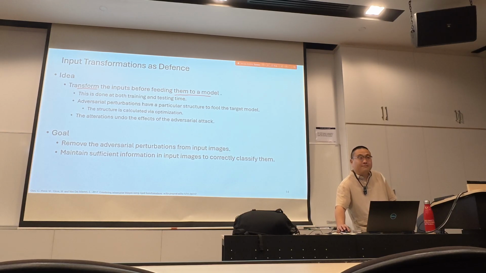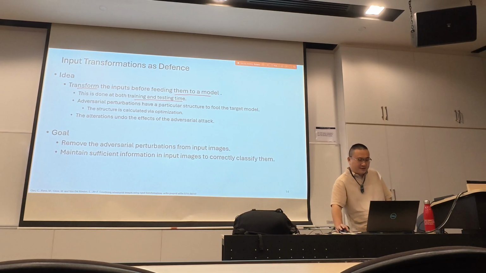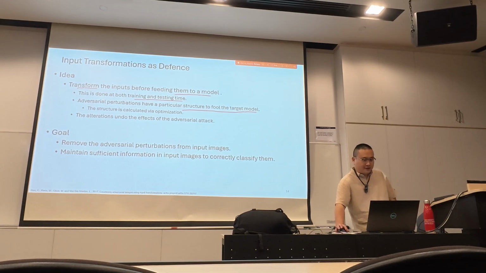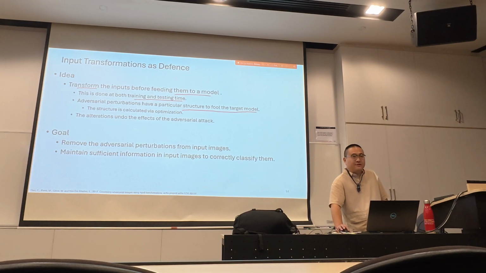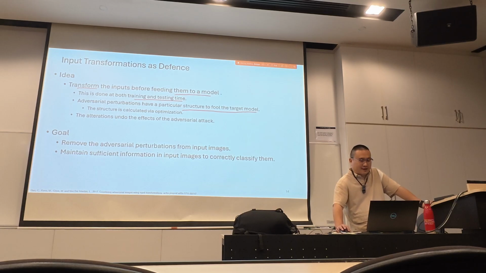And this is done at both training and testing time. In this way, we can destroy the adversarial perturbations, because when we generate adversarial perturbations, the perturbations have a particular structure for the target model. But if we transform the adversarial examples, the structure can be changed so that we can destroy the adversarial effectiveness of the attack.